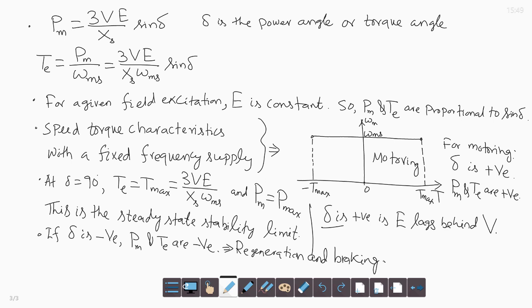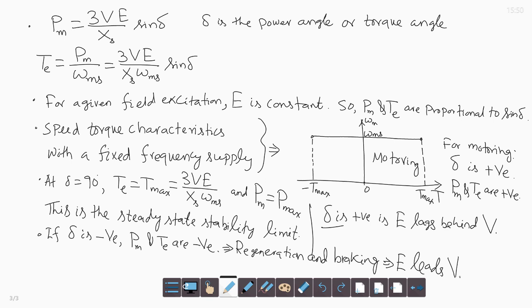So, power and torque are negative in a generator, and in that case the induced EMF E leads the supply voltage V, that means the rotor and stator MMF, which are rotating in synchronism at the same speed, the rotor MMF moves ahead of the stator MMF by the angle delta.